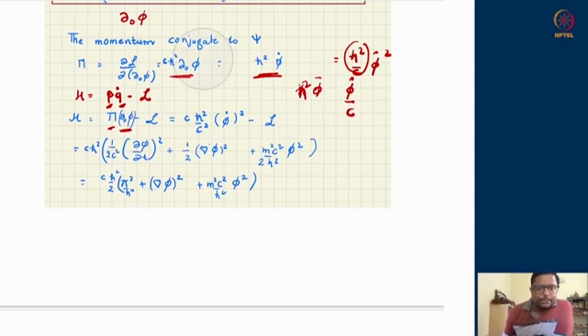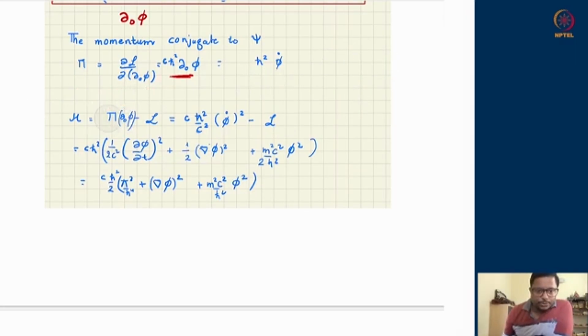Let me just clean it up so that we can clearly see what we are headed to. Secondly, minus the Lagrangian. The Lagrangian is coming with its own phi dot square. Remember, the Lagrangian has minus h bar square c by 2 and minus 1 upon c square phi dot square. And there is a spatial derivative which I will come to in a minute. But you see, the Lagrangian itself is coming with h bar square c divided by c square phi dot square.